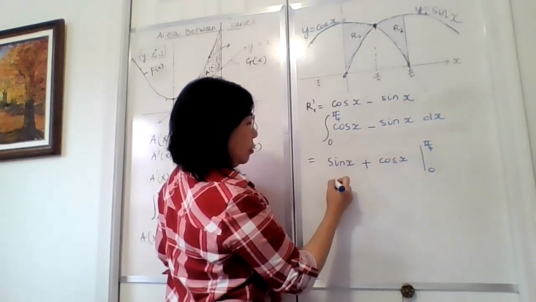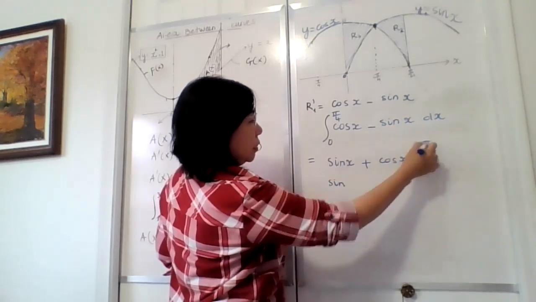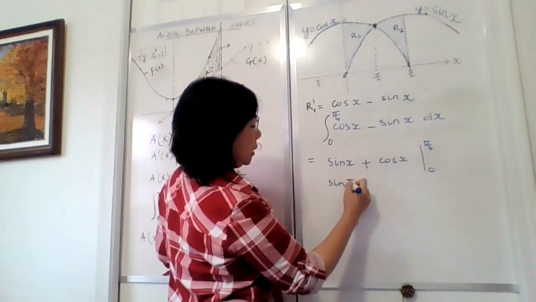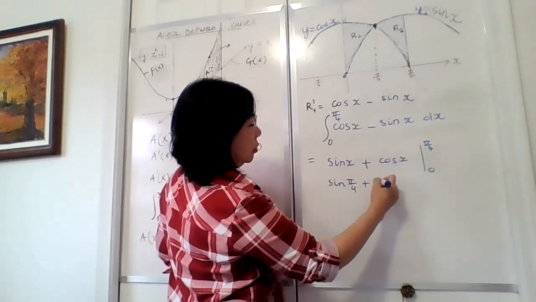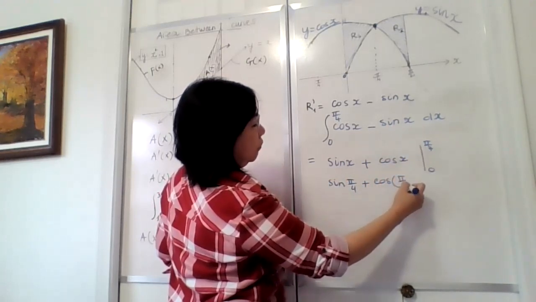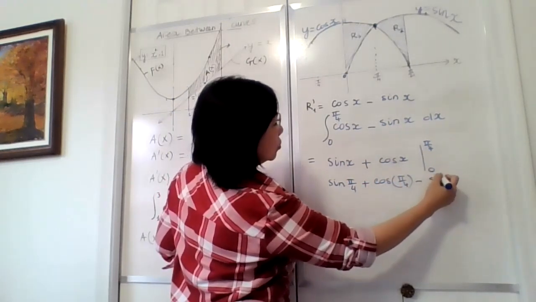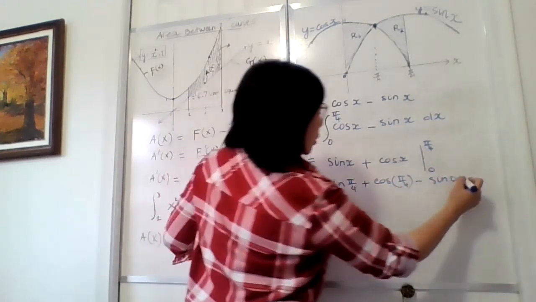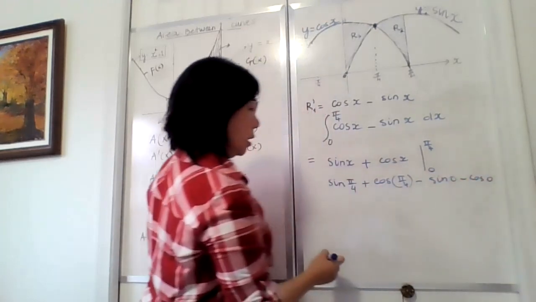So the sine of x, we substitute this angle, x is pi over 4, adding cos of pi over 4, minus everything here at 0, so sine of 0, and minus cos of 0, right?